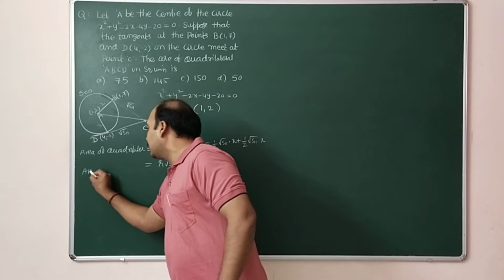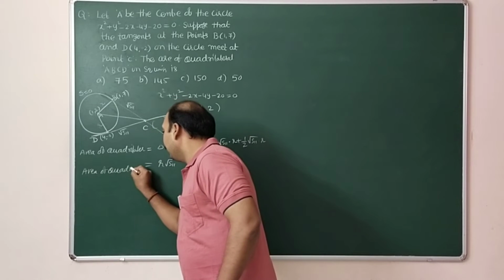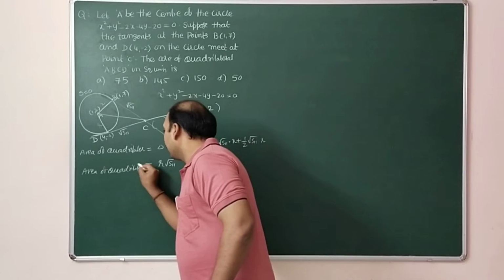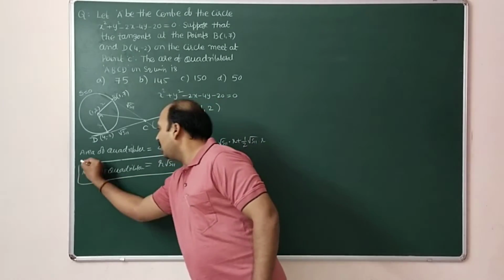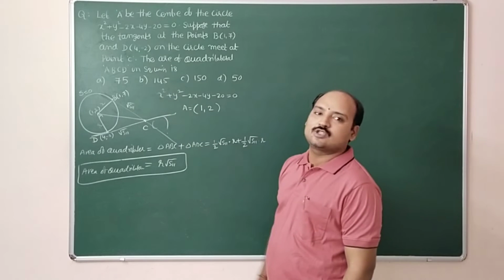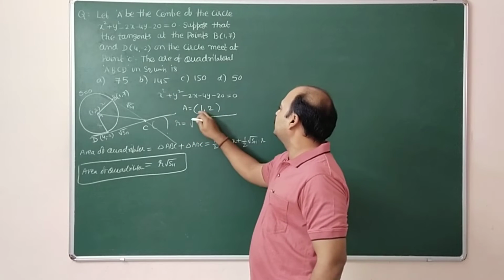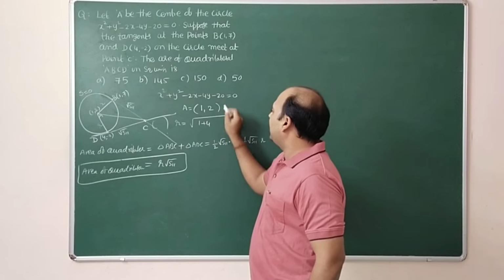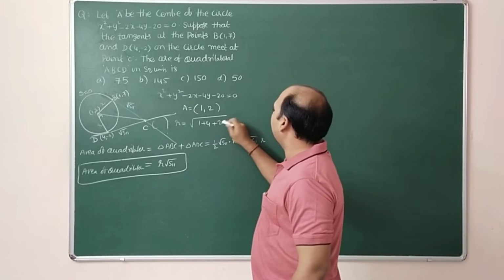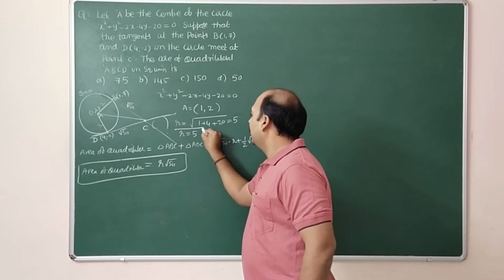Ultimately this formula we are going to use, area of quadrilateral, in the last step. Before that, you can calculate radius also here. So R equal to root of g square plus f square plus... 1 plus 4 minus of minus 20, root 25, which is equal to 5. So R value we got it as 5.